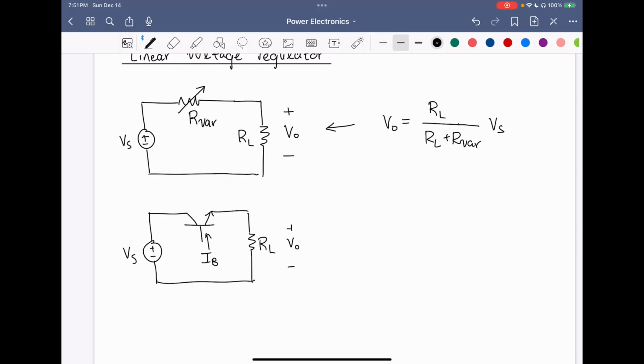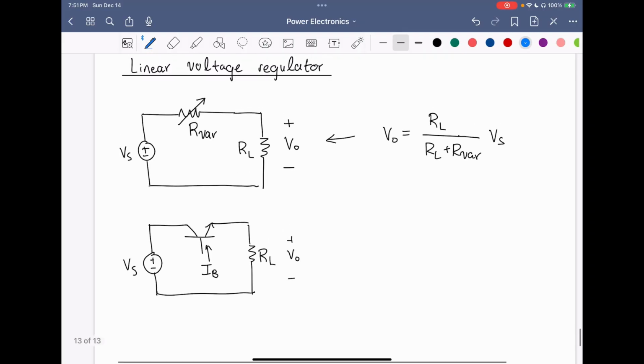Now, the main drawback of the linear voltage regulator is that it has very low efficiency. And what I mean by that is let's take a look at the current. The load current IL is the same throughout this whole circuit because everything's in series.